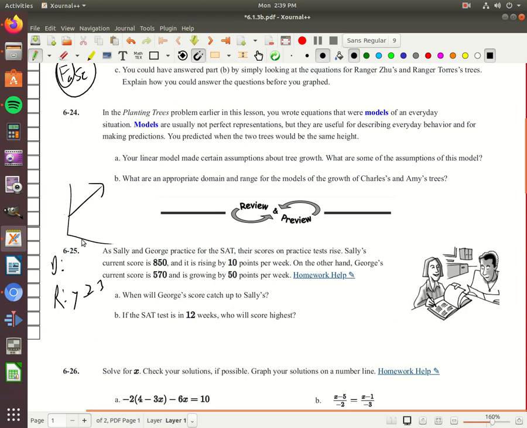But the domain, it was 0 or more, right? We weren't really concerned about a negative date on those trees. Whereas whichever one had the seed, it started at 0, 0, right? So we would say the domain is greater than or equal to 0, and we would say the range is greater than or equal to 0.